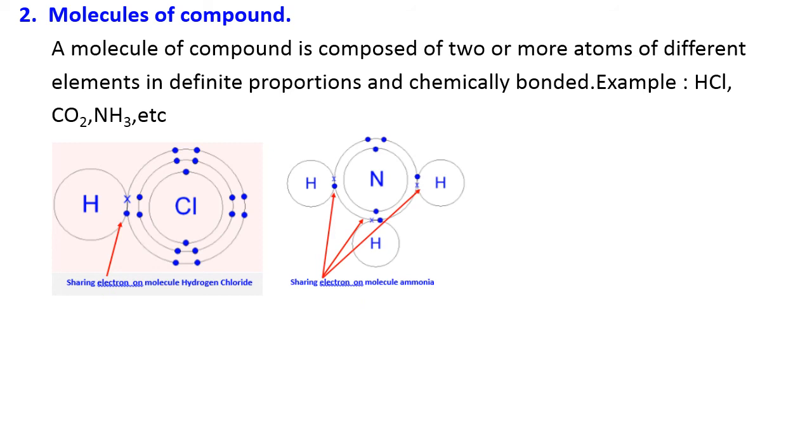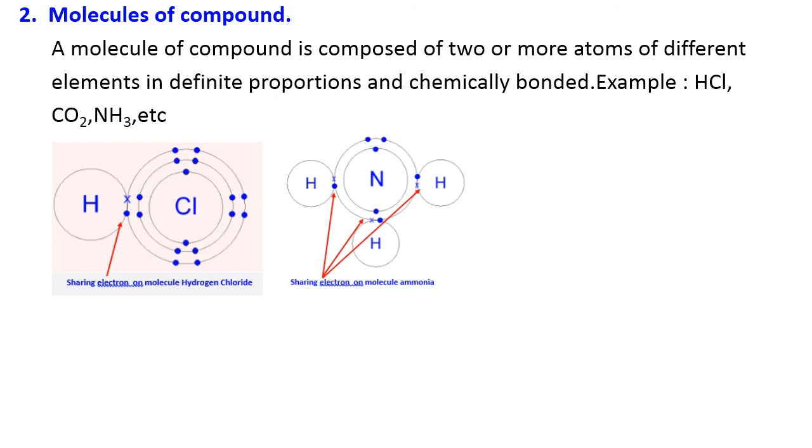From the second figure, the formation of the ammonia molecule. Here we can see that there is sharing of electrons between nitrogen and hydrogen. Nitrogen and hydrogen share two electrons, so hydrogen can obey the duplet rule.